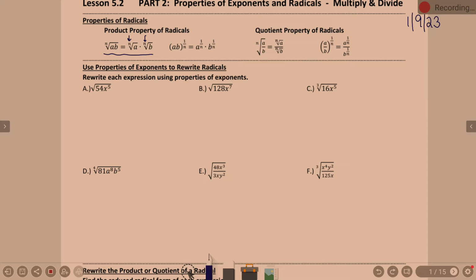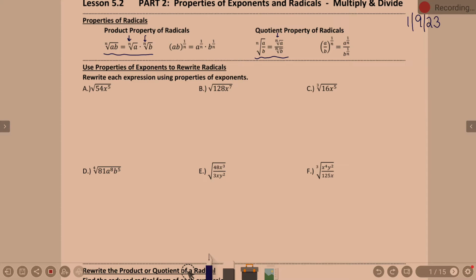What you can't do is multiply a square root times a cube root. Division is the same in that you can divide as long as the indexes are the same. So as long as we're talking about the same type of root, we can divide those. That's the key you'll have to watch for as we multiply and divide.